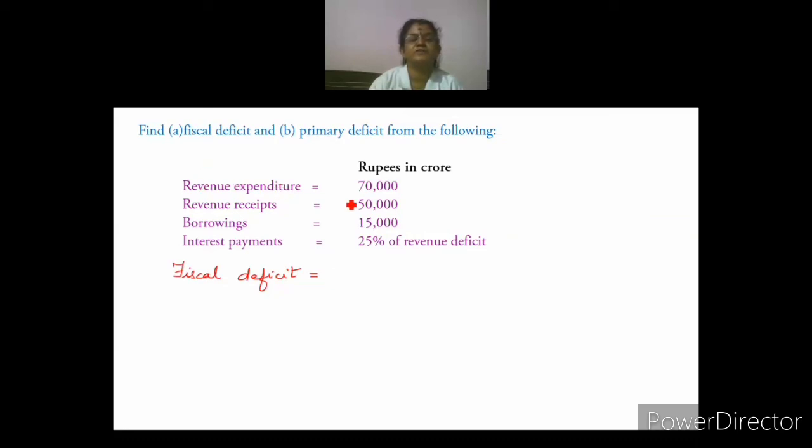Revenue expenditure is 70,000 crores, revenue receipts is 50,000 crores, borrowings 15,000, interest payments 25% of revenue deficit. As they have given borrowings 15,000, we can just write fiscal deficit is equal to borrowings, and that comes to rupees 15,000 crores. And now the next question asked here is primary deficit.